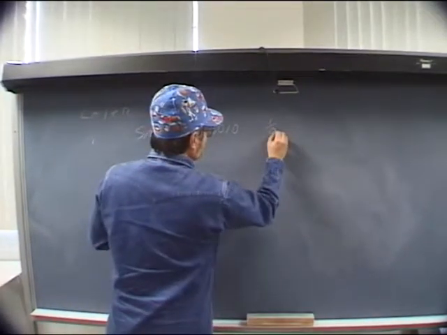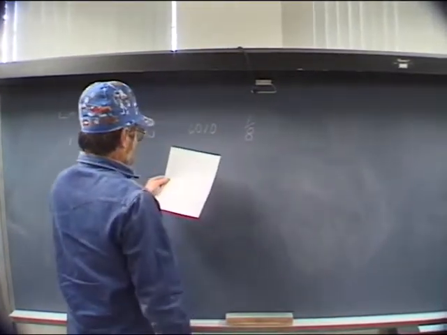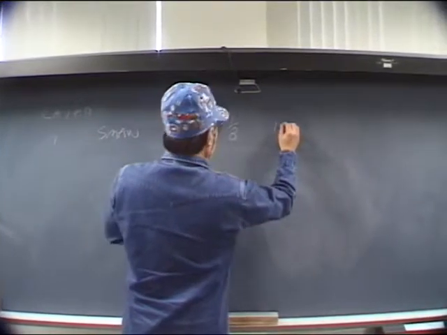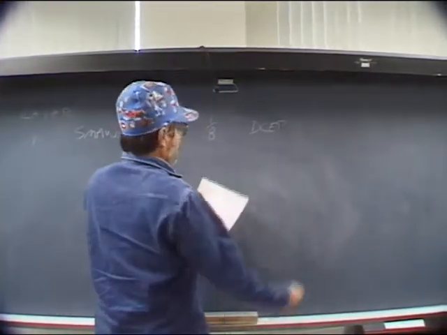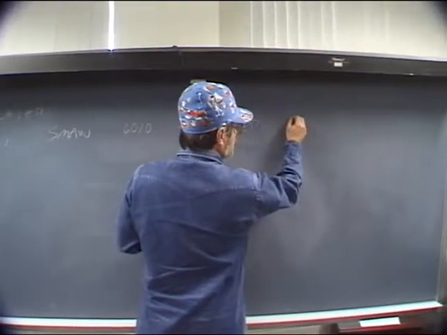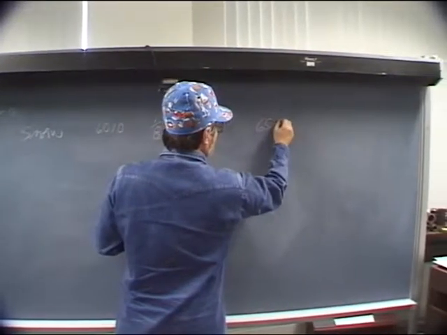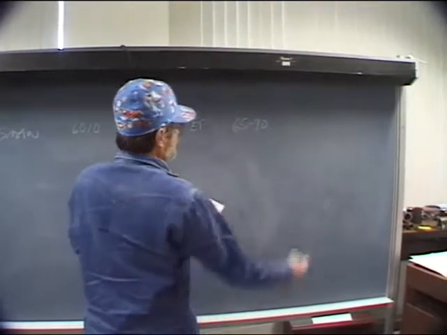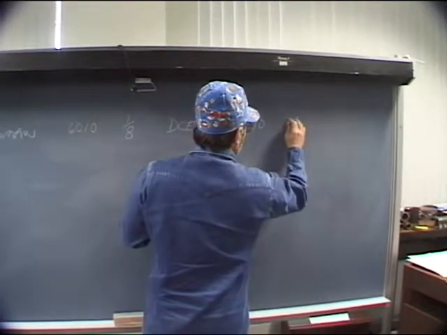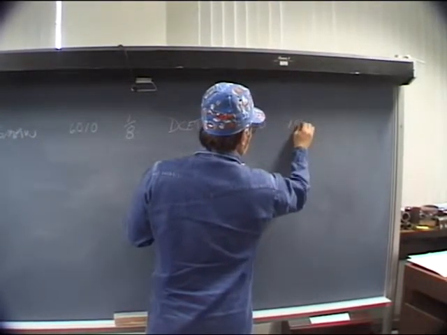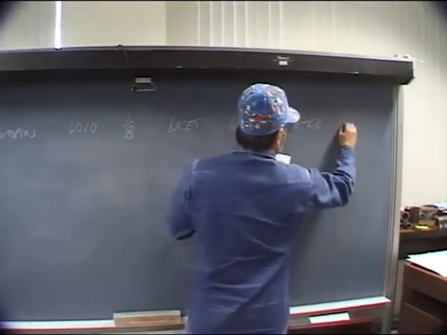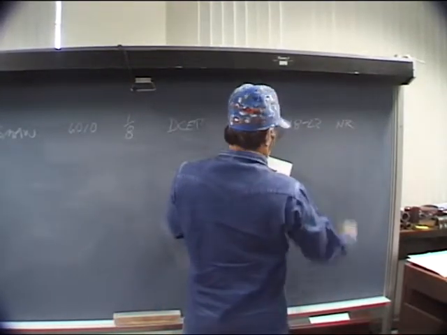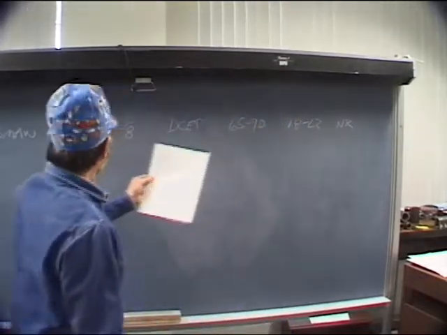Diameter, we ran it with 1/8 of an inch. Polarity, DCEP. Amperage range, what did we say it was? We were going to do 65 to 90. Voltage range, you can leave that blank or put something in there if you want to. 18 to 22, let's say. Travel speed, NR for not recorded. And then any other thing that you might want to mention.